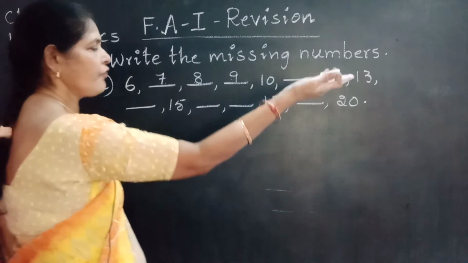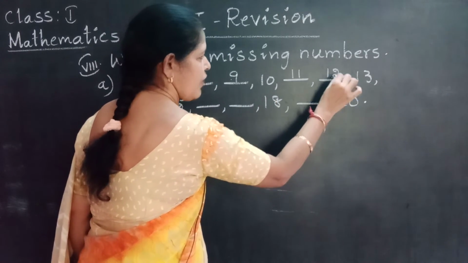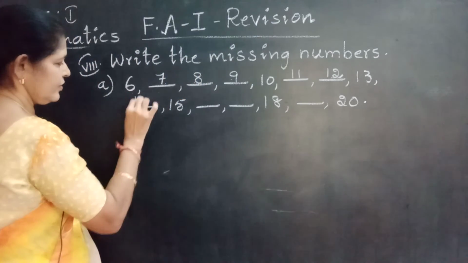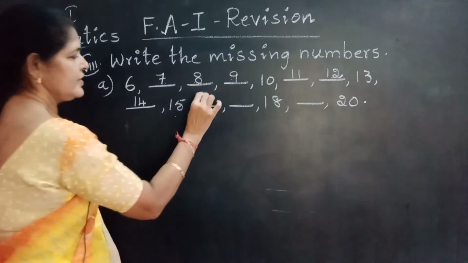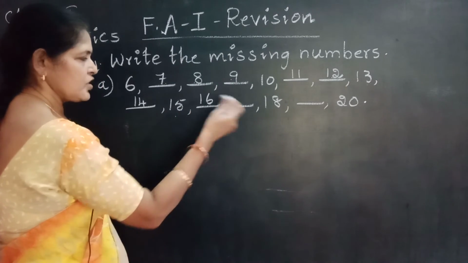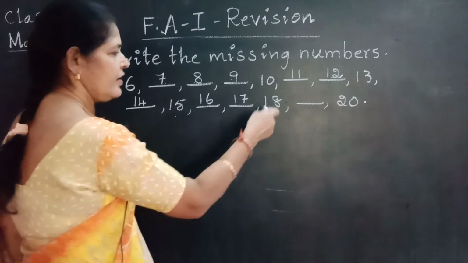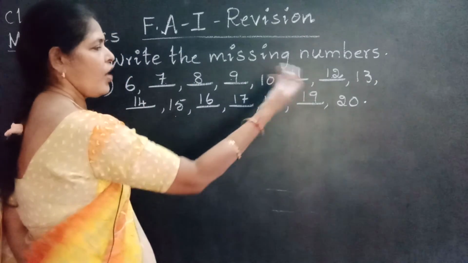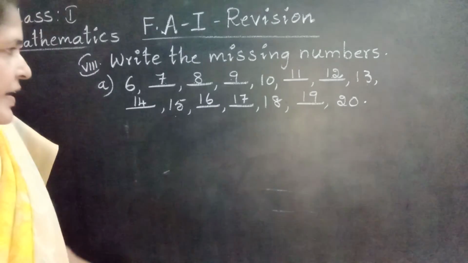Now go to after 10, 11, after 11 comes 12, 12 after 13, 13 after 14, 14, after that 15 is given. Next 16, after 16 comes 17, 18 is given. After 18 comes 19. Don't repeat 18. What comes after 18? This is missing numbers.